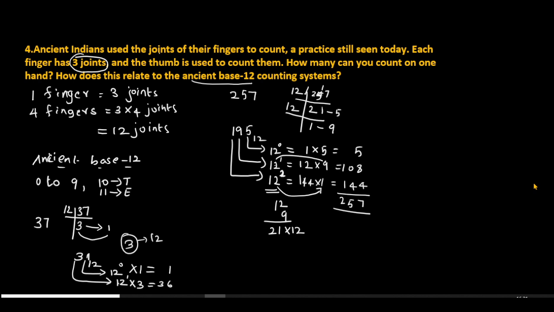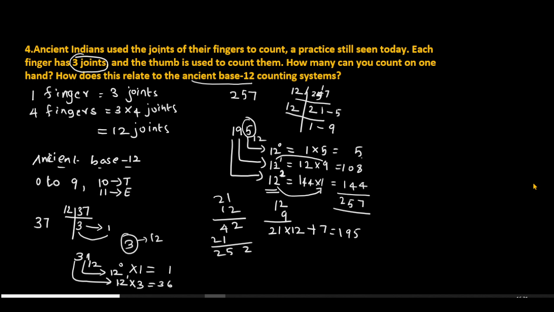You can multiply and check: 21 times 12 is 252. The last number is the remainder, since there are no 12s. So 21 times 12 plus the remainder gives the original number. In that number, there are 21 12s.